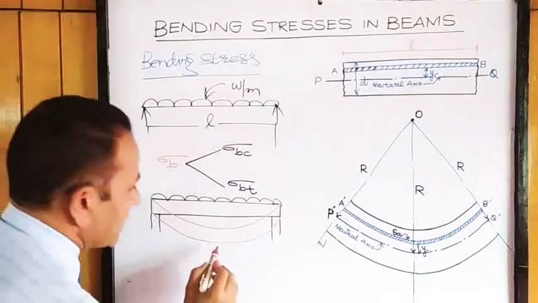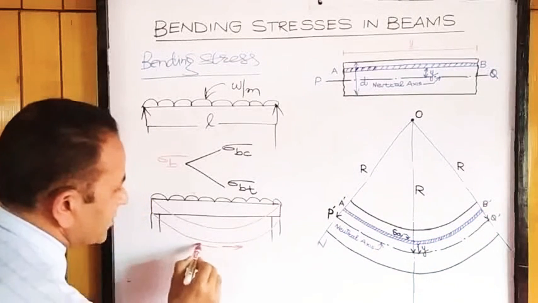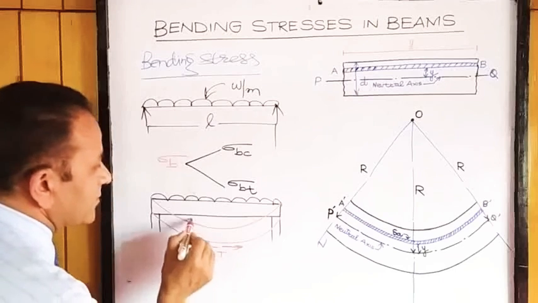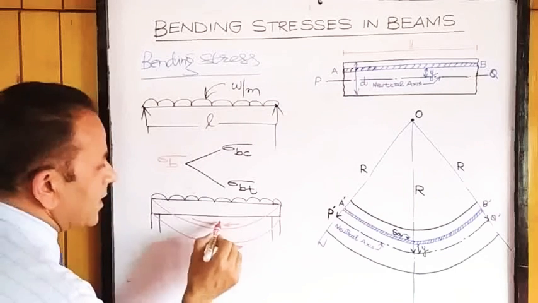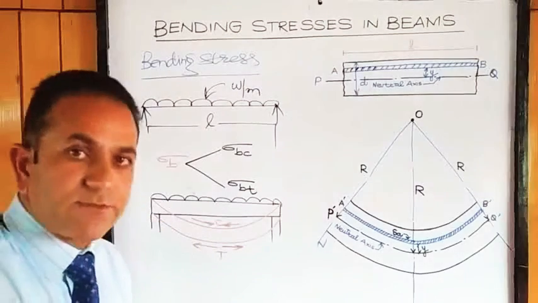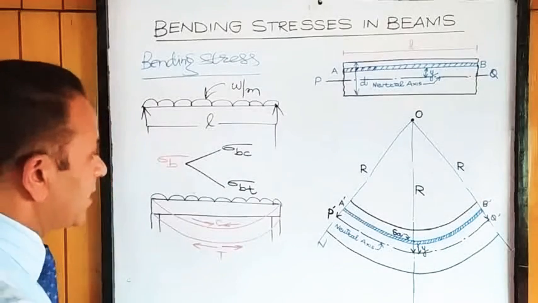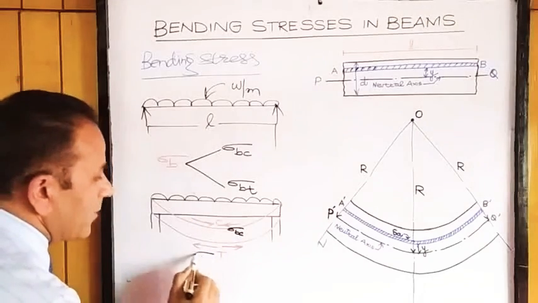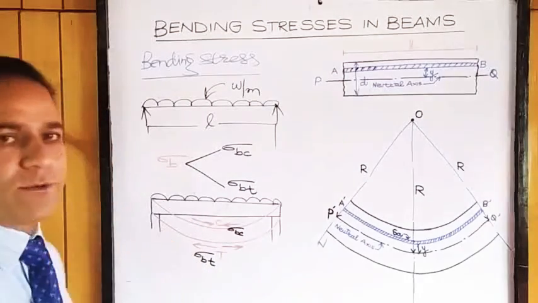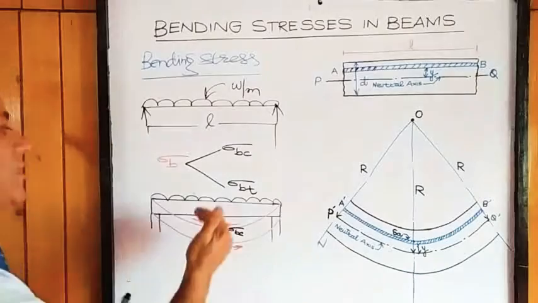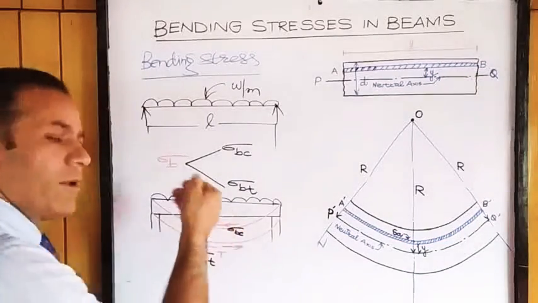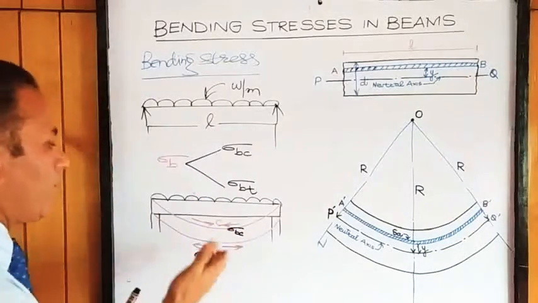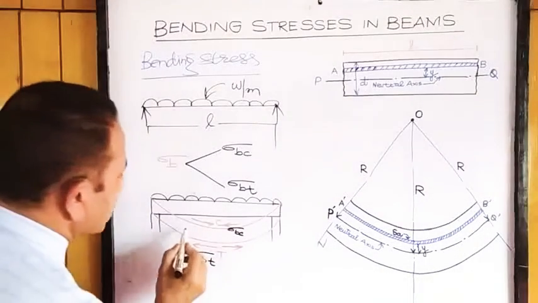Now, when it bends like this, these fibers are stretched, so they are under tension. These fibers are compressed, so they are under compression. The stresses which will develop across this cross section will be bending compressive stresses at the top, bending tensile stresses at the bottom. So, in a simply supported beam, the nature of change will be from bending compressive stresses at the top to bending tensile stresses at the bottom.